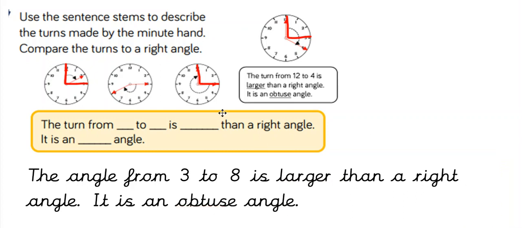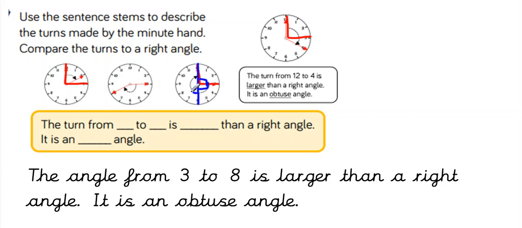Okay? Let's have a look at this one then. So the angle from 12 to 3, oh, it wants this angle here. Okay, so 12 to 3 is our right angle. But remember, if it is larger than 180 degrees, so larger than your straight line down the middle, that must mean it's a reflex angle. So we've got a right angle here, and then we'd have a right angle here, okay, to make our straight line.